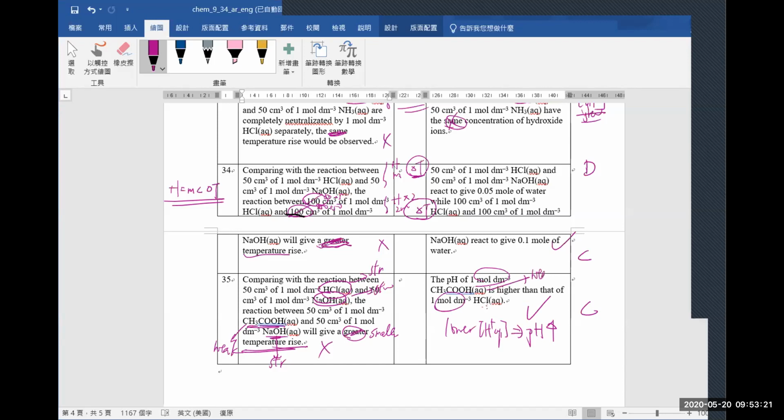This one is just a weak acid with slight ionization of the acid in water. So you know that the concentration of hydrogen ion for ethanoic acid is lower, so the pH for ethanoic acid is higher. Why do you know? Can you get the point? It's because of the calculation of pH. It is like a negative log scale.